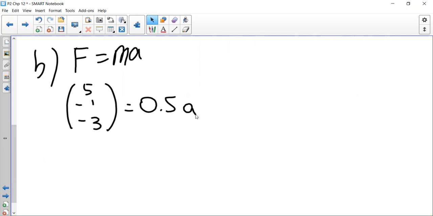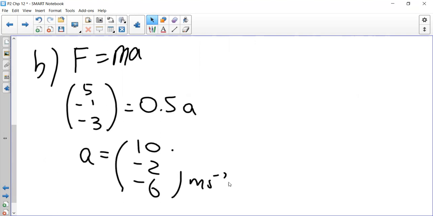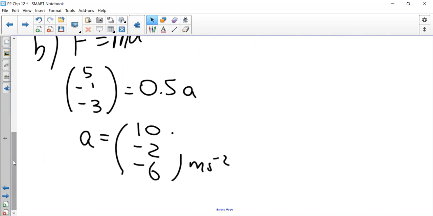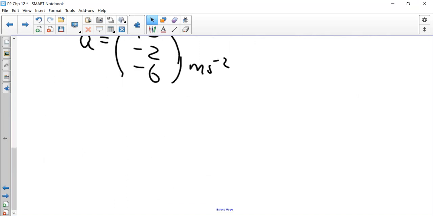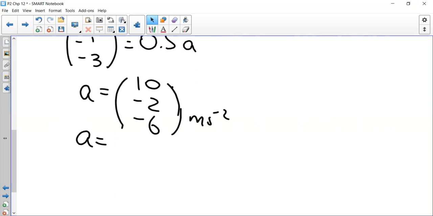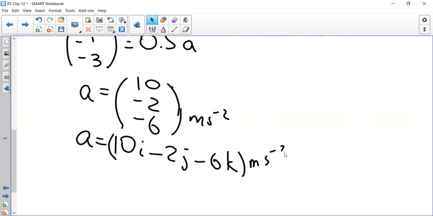If you divide by 0.5 on the left-hand side, you essentially divide every single term in the vector by 0.5, which is the same as multiplying by 2. So a is (10, -2, -6) metres per second squared. This annoying question wants us to put it in ijk form, so we just replace it: 10i minus 2j minus 6k metres per second squared.